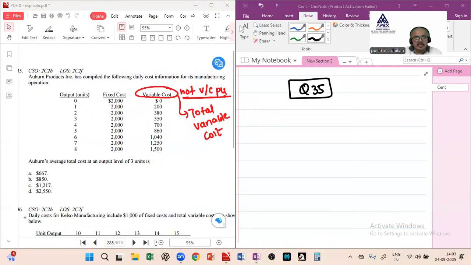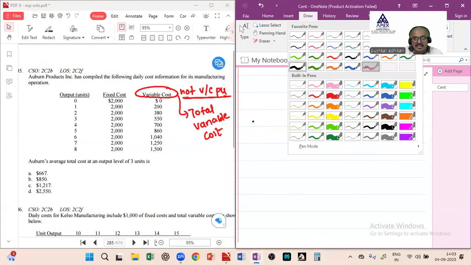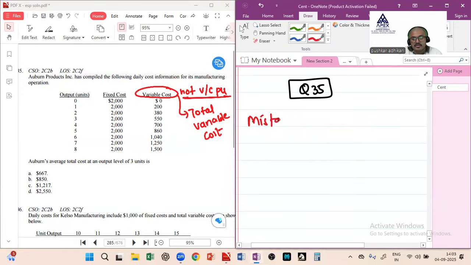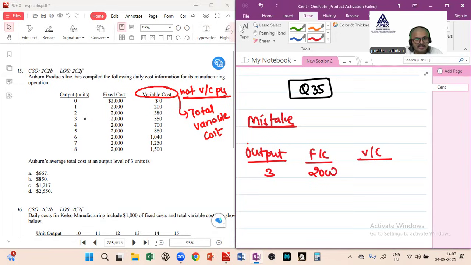Here, please try to understand one big mistake that a student can make. If the student is at an output of 3 units, he will say fixed cost is 2000 and variable cost at the third unit is 550.